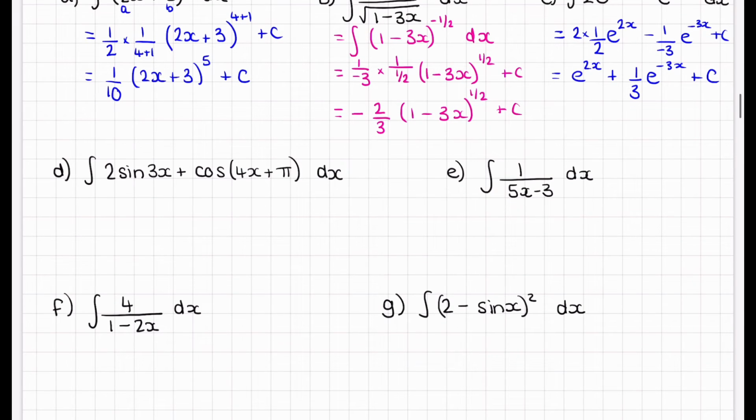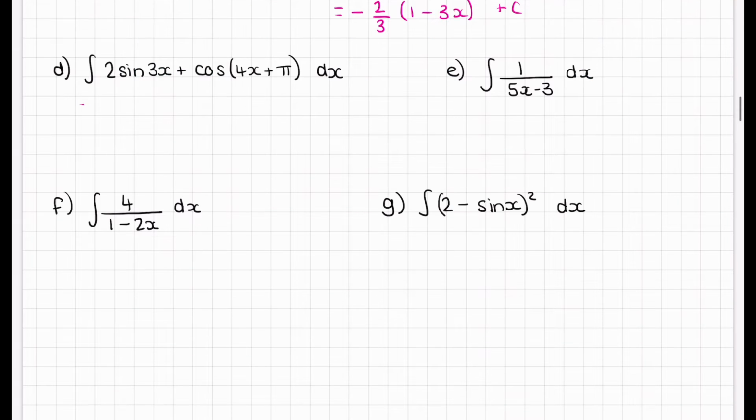D, the integral of 2 sine 3x plus cos of (4x plus pi) dx equals, 2 sine 3x first. In this part, 3 would be the a, there is no b. So we'll have the 2 times, now the integral of sine is negative cos, so we'll have negative 1 over 3 cos 3x. Now, in this next part here, the 4 will be the a, the pi will be the b.